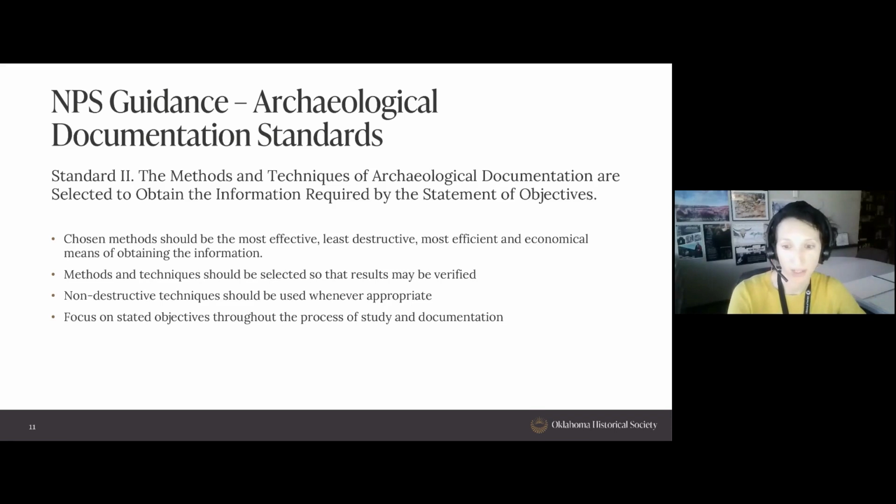So you're having to balance all of these different ideas to find the best methods to meet the needs of the project. Methods and techniques should be selected so that the results can be verified. Non-destructive techniques should be used whenever appropriate. And a focus on stated objectives throughout the process of study and documentation is the goal.